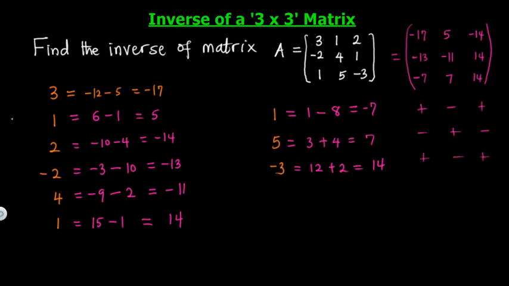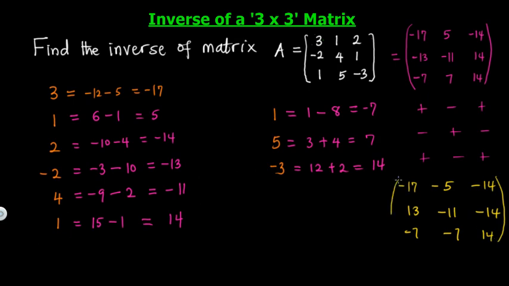So if we multiply each of the elements here, then we'll get minus 17, minus 5, then this is still minus 14, minus multiplied by minus 13, that's 13, minus 11, minus 14, plus multiplied by this, that will be minus 7, plus 14.